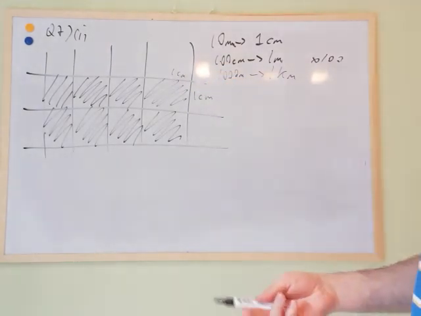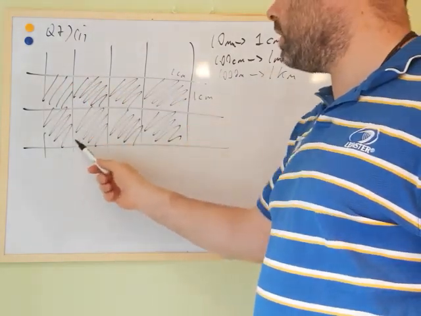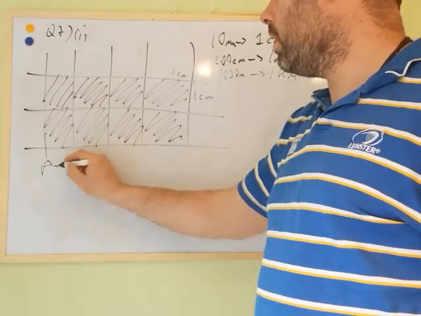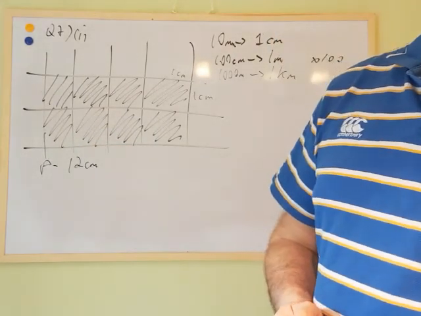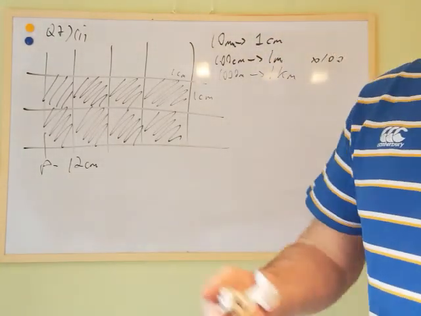Okay? So we literally just have to count the lines. 1, 2, 3, 4, 5, 6, 7, 8, 9, 10, 11, 12. So the perimeter is 12 centimeters.